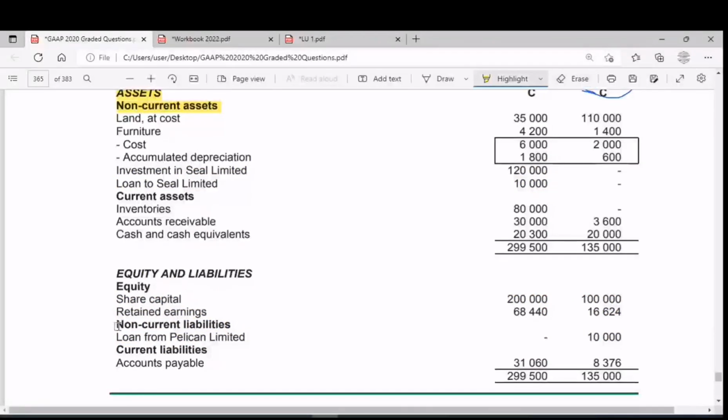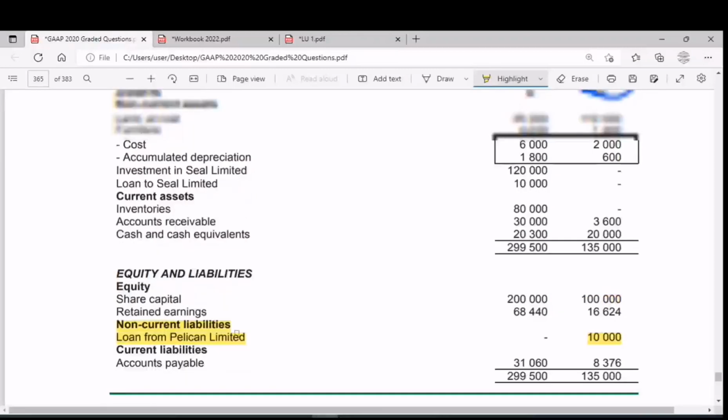Now, if we eliminate this loan, what do we do? Here we have liabilities, non-current liabilities. So we have a liability which is the loan from Pelican. So this liability is 10,000. We know this liability must be eliminated. So if we eliminate a liability, do we debit or credit? Debit.